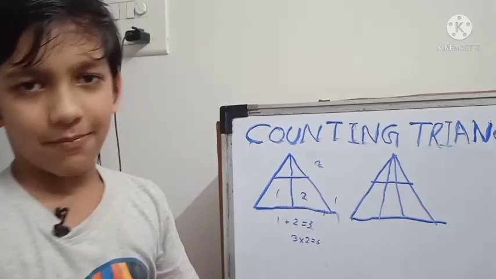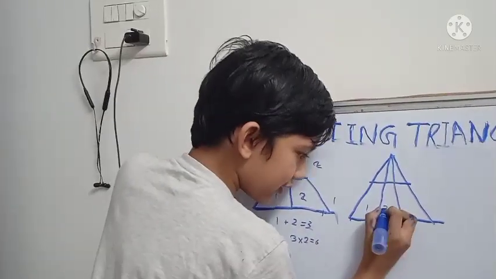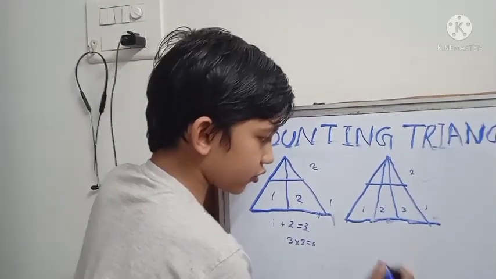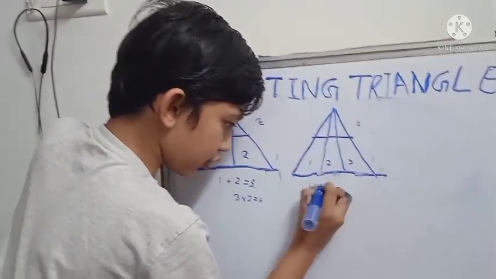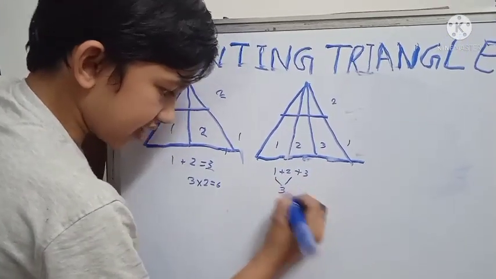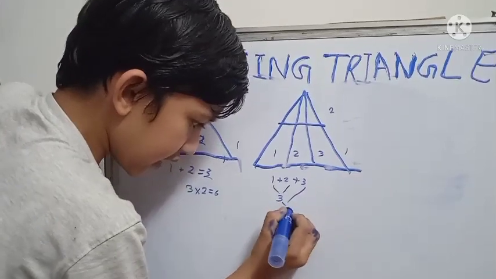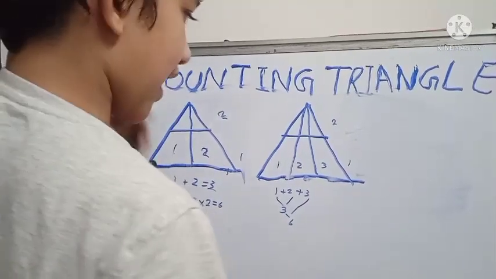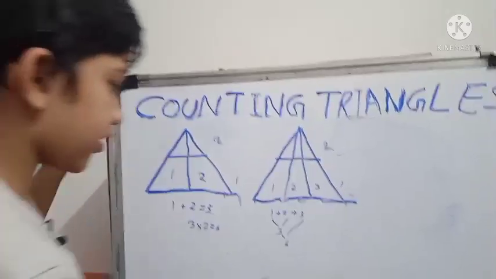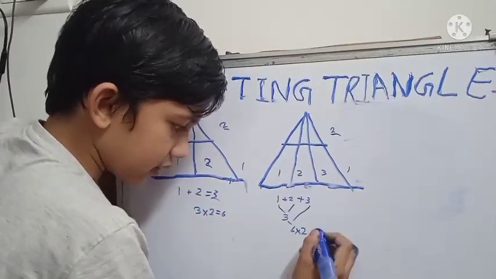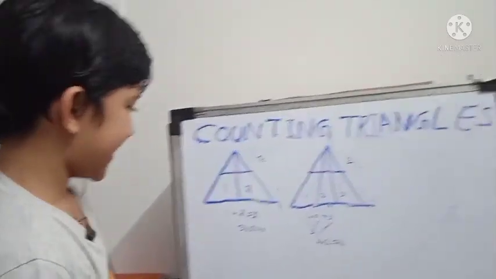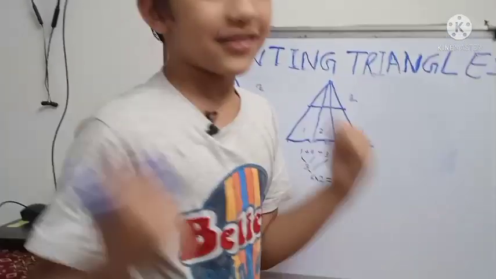So again we will apply the formula. 1, 2, 3, and 1 and 2. So 1 plus 2 plus 3 means 1 plus 2 is equals to 3. Then 3 plus 3 is equals to 6. Then we have to multiply the 6 with the highest number of the horizontal lines, which is 2. It will come 12, because 6 multiplied by 2 is equals to 12. It is easy.